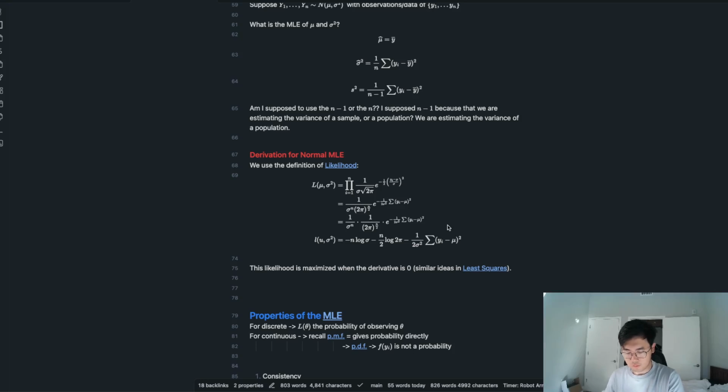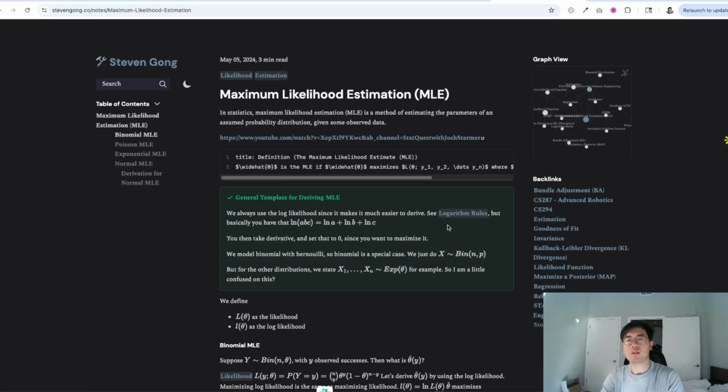So you have multiple data points, and you want to maximize this probability density function, which is maximized when the derivative is 0. And so yeah, we're just trying to maximize the likelihood.